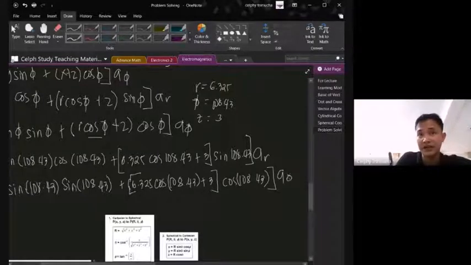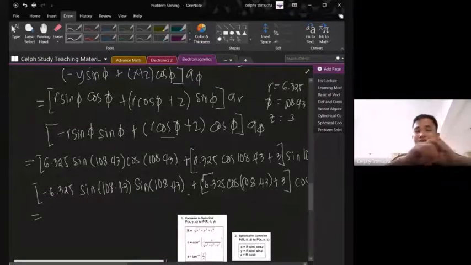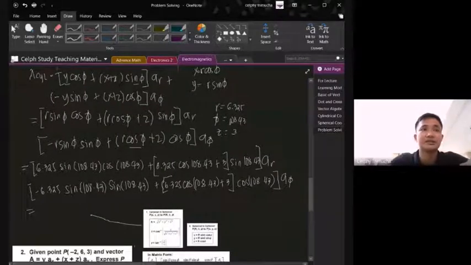Multiplied by aton nga A phi. So amo lang ni, perform mo lang yung operation. So sige, perform ta ang calculation, pila aton answer.